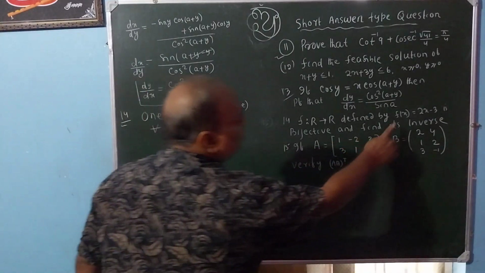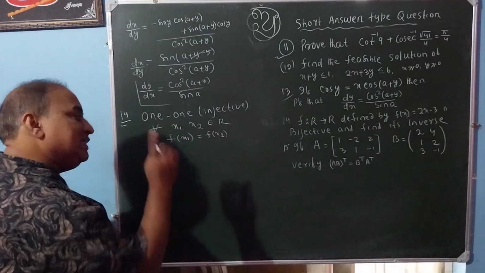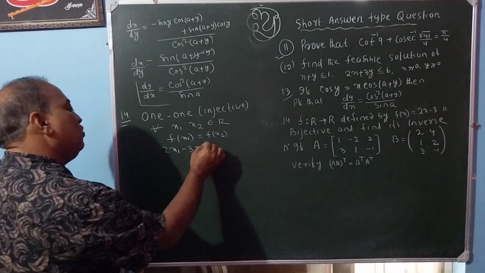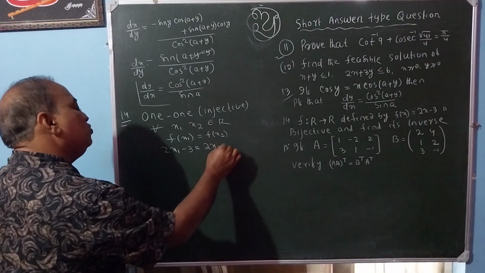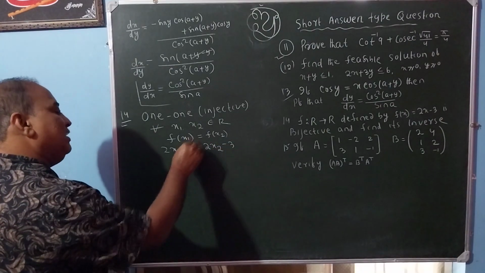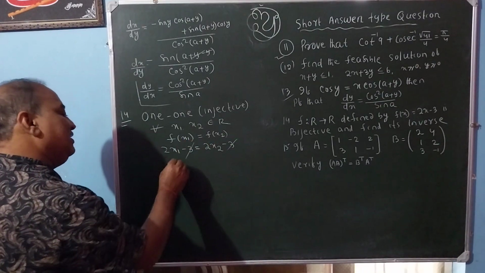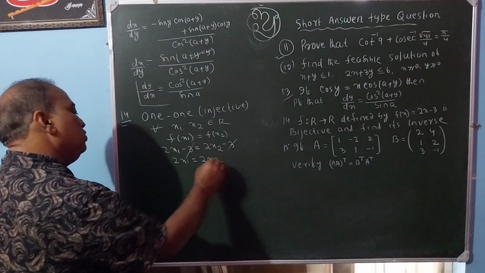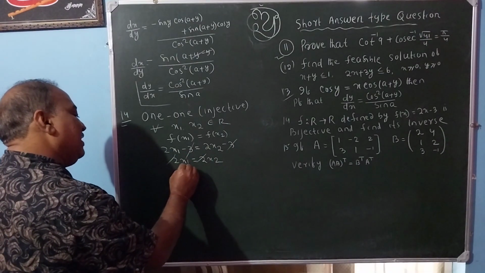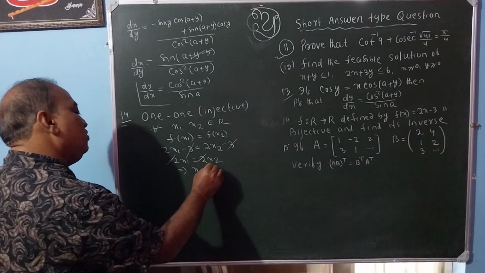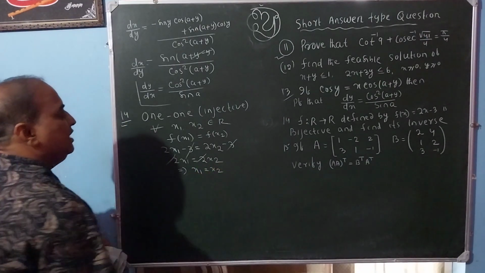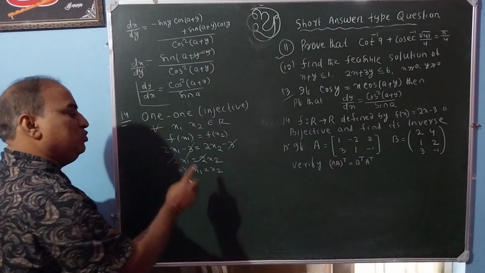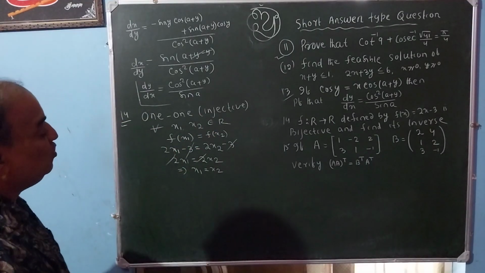Okay, f(x) is equal to 2x minus 3. What is f of x1? 2x1 minus 3 is equal to 2x2 minus 3. So minus 3 cancels. 2x1 is equal to 2x2. 2 cancels. So that implies x1 is equal to x2. So we concluded that f(x1) is equal to f(x2) implies x1 is equal to x2.